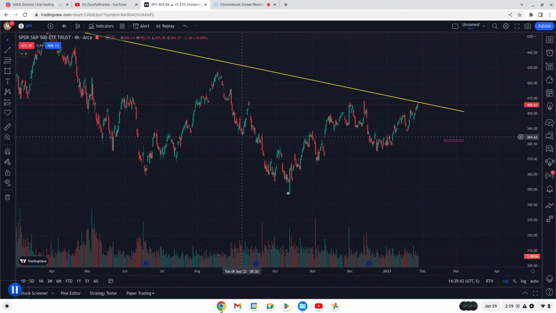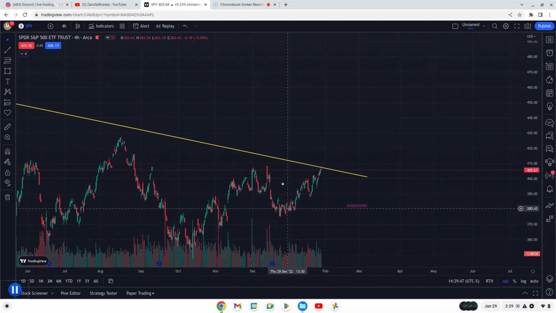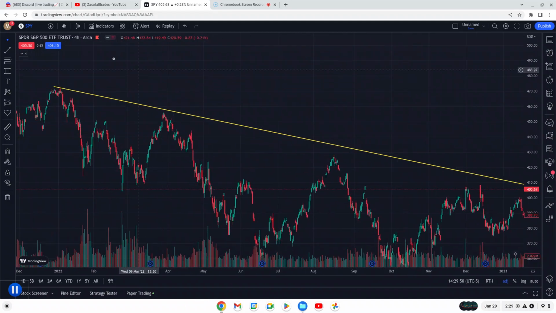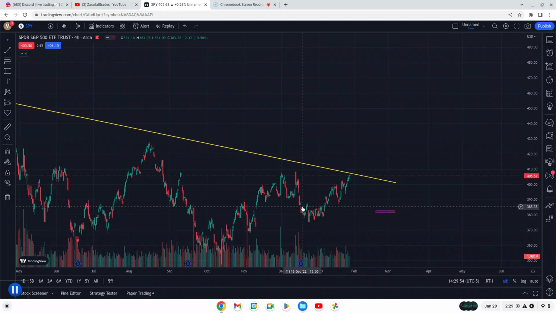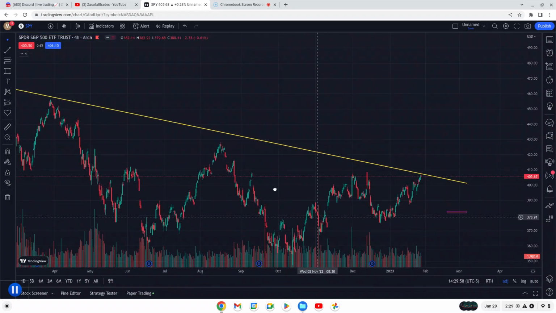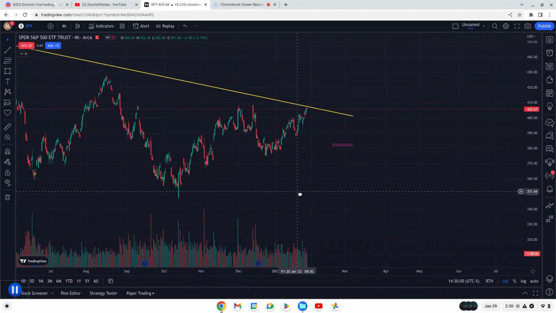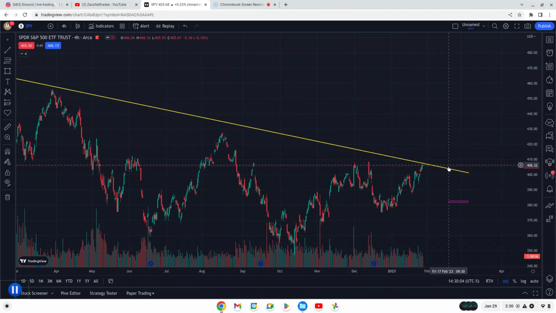We got close here again, sold off. Each time we got close to it, we sold off from it. This is telling me that we got resistance. Basically, sellers are in control, and your buyers are at the bottom. But sellers are in control as of right now until we break over this resistance.